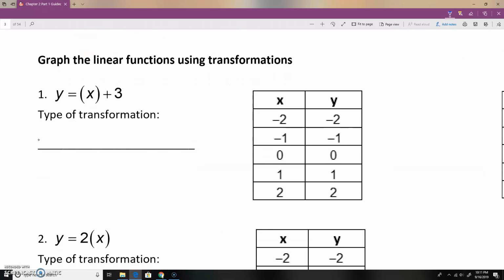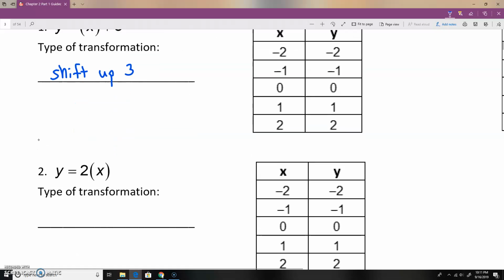Alright, so here in number 1, we have x plus 3. Well, this 3 here is in the position of the d value. It's outside the parentheses and added on. What the d value does is a shift up and down. In this case, d is positive, so it is a shift up of 3. Okay.